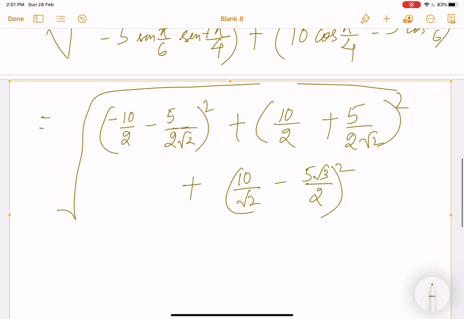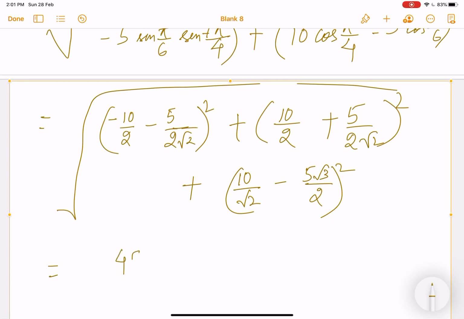Now I'm going to put this in the calculator. All of you take out your calculators as well. Let me take out mine. Then this is what? One sec. This is minus 10 by 2, which is written as 5. Then minus 5 divided by 2 root 2. So what did you get? Just square that.